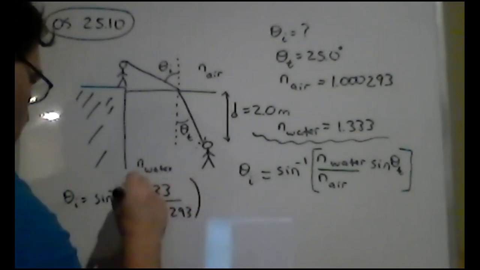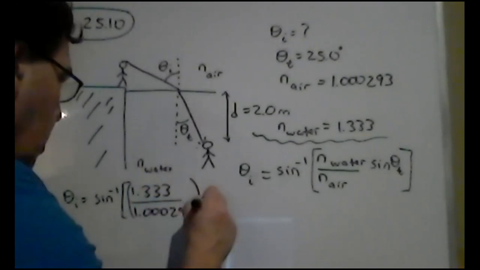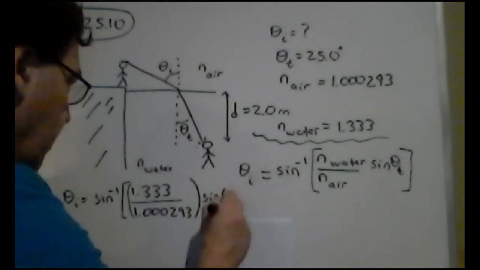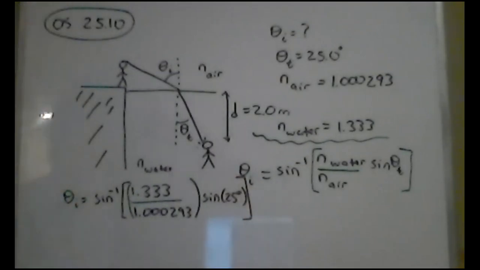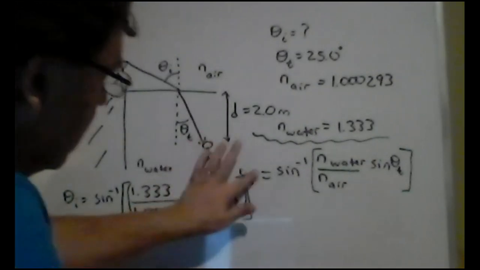That's a little ratio here. And I still have to multiply by the sine of 25 degrees. All of that is inside the inverse sine.